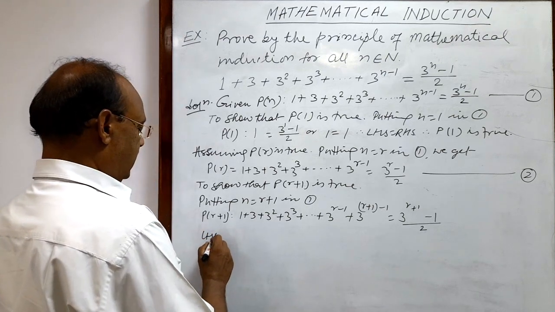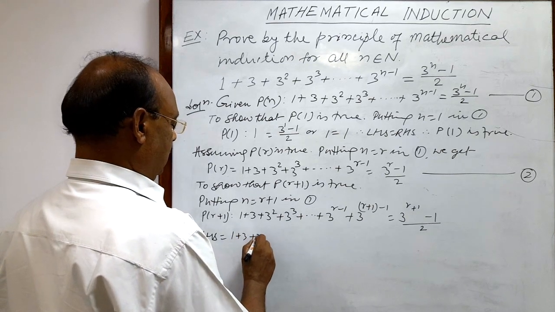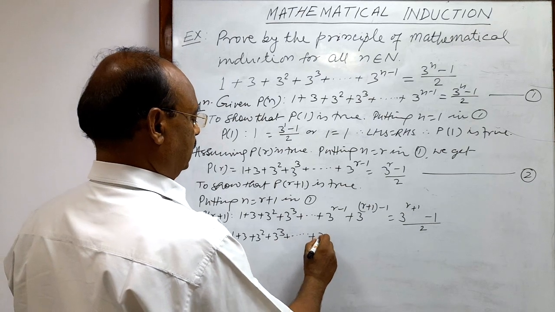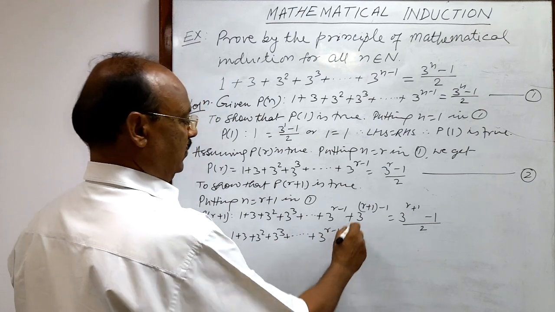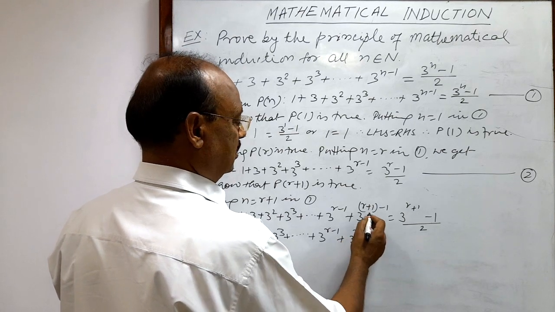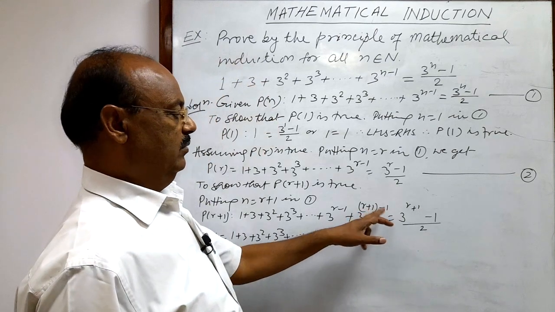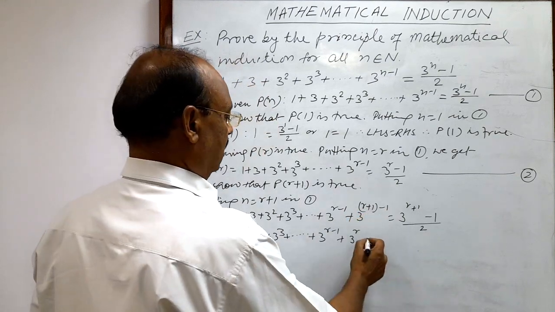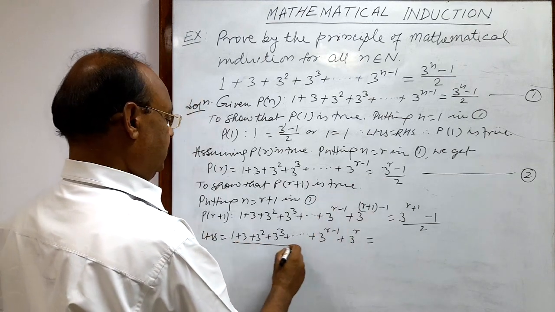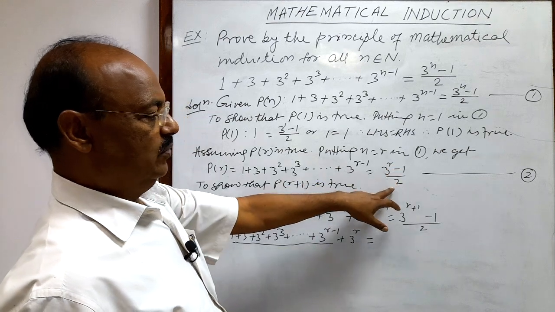So the left hand side will be 1 plus 3 square plus 3 cube up to 3 to the power R minus 1 plus the last term 3 to the power R, since plus 1 and minus 1 cancel out. Now see relation number 2: up to this much we have the value 3 to the power R minus 1 by 2.